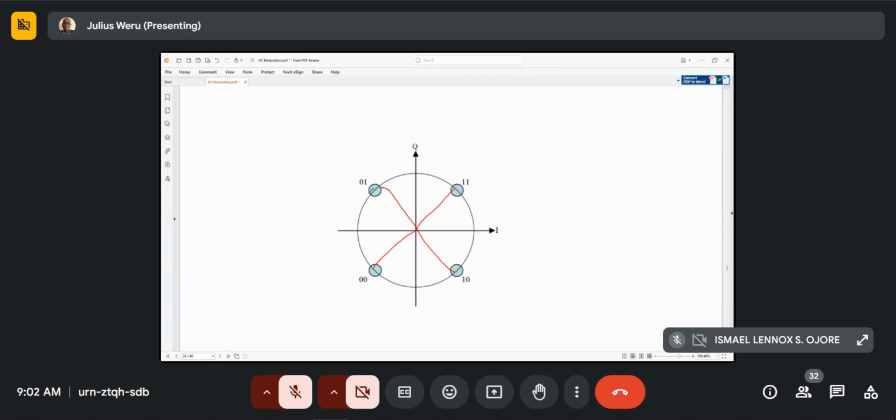For obvious reasons, it is easy at the receiver to mistake this for this, because these are very far from each other.